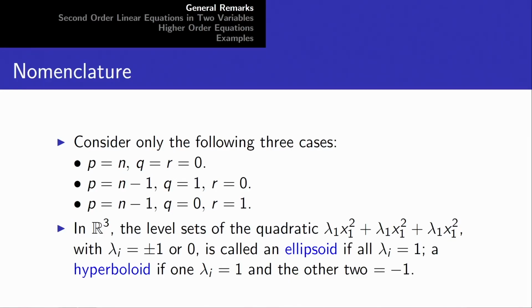In the first case all the eigenvalues of A are positive, in the second case n minus 1 eigenvalues are positive and 1 is negative, and in the last one there are n minus 1 positive eigenvalues and 1 zero eigenvalue.